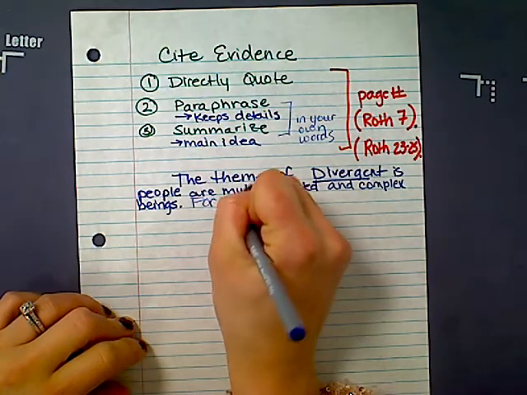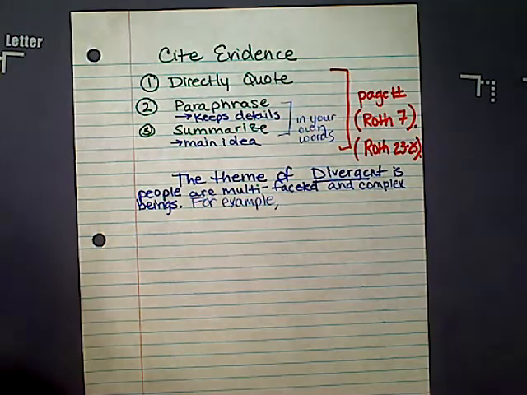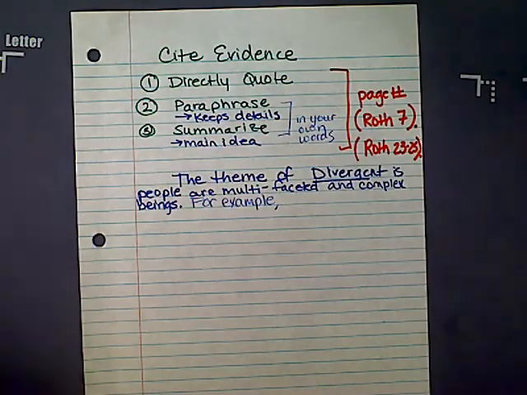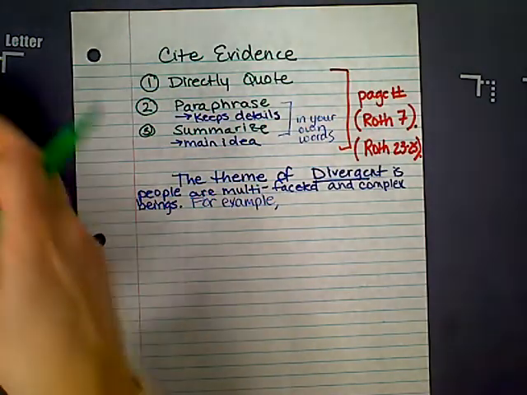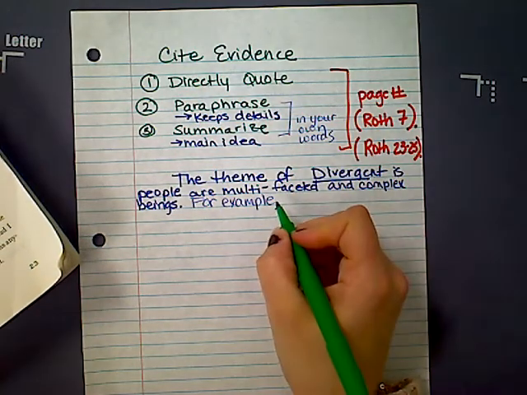So I'm going to get my transition, for example. And then let's go ahead and directly quote first. It's really up to you which technique you want to use. Sometimes if it's really, really juicy, I want to directly quote it.